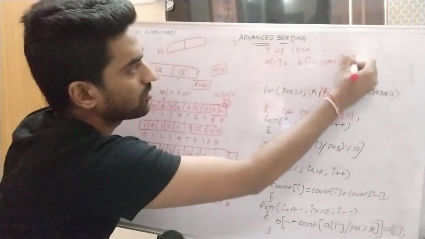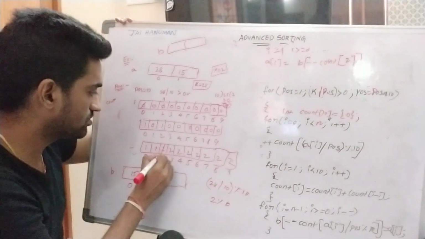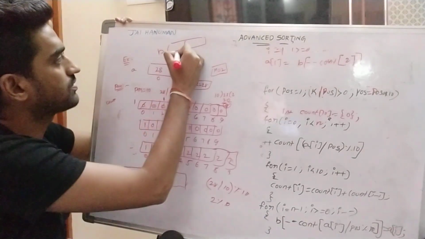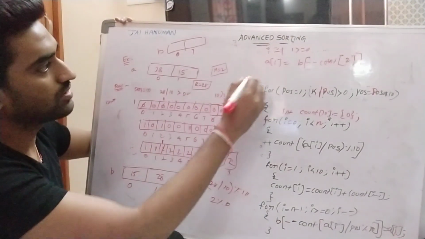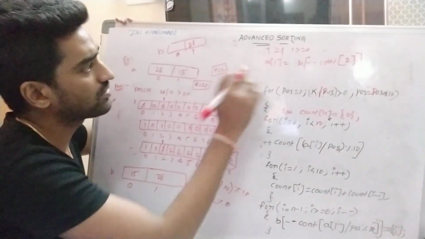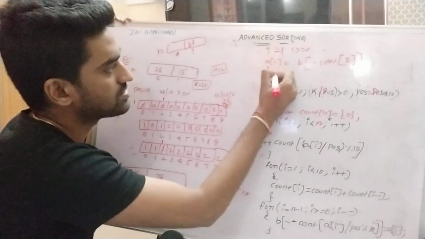So count of 2. Go to count 2, decremented by 1. So at the first position, 0, 1, we are inserting A of 1, that is 28. Fine. Then the i value is decremented by 1, i is equal to 0.